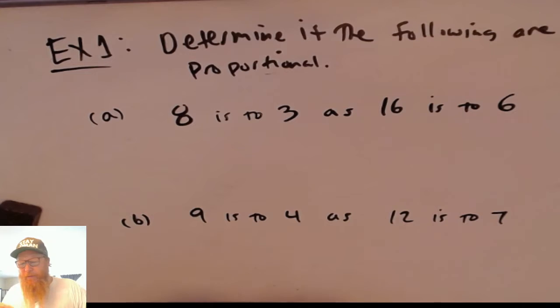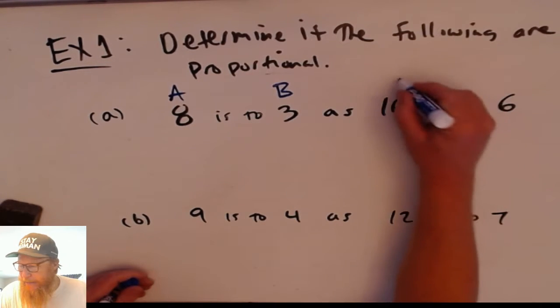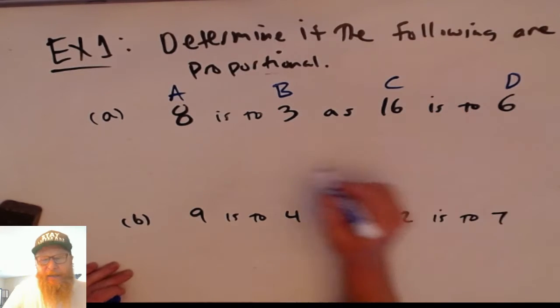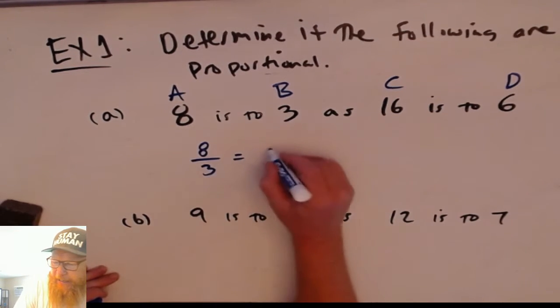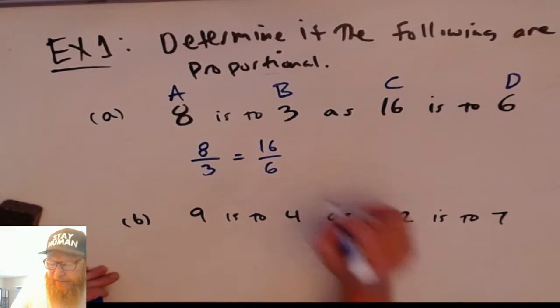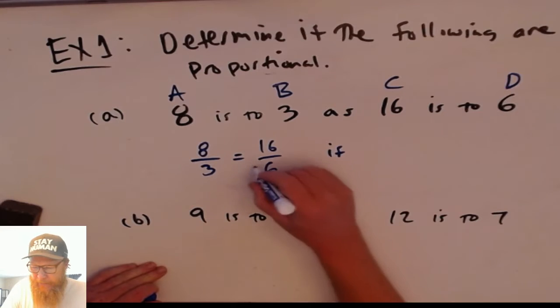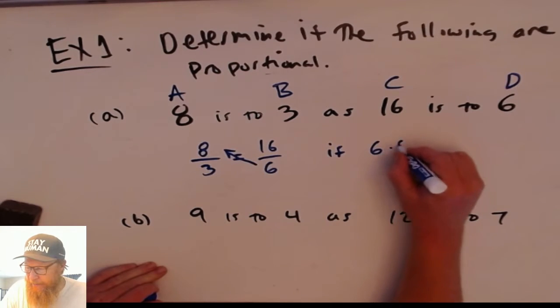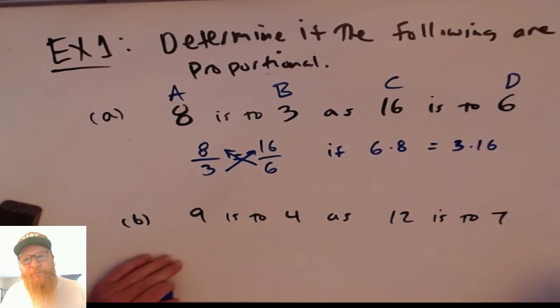So the way you would set it up, A is to B as C is to D. And so you would say 8 over 3 is equal to 16 over 6 if 6 times 8 is equal to 3 times 16.